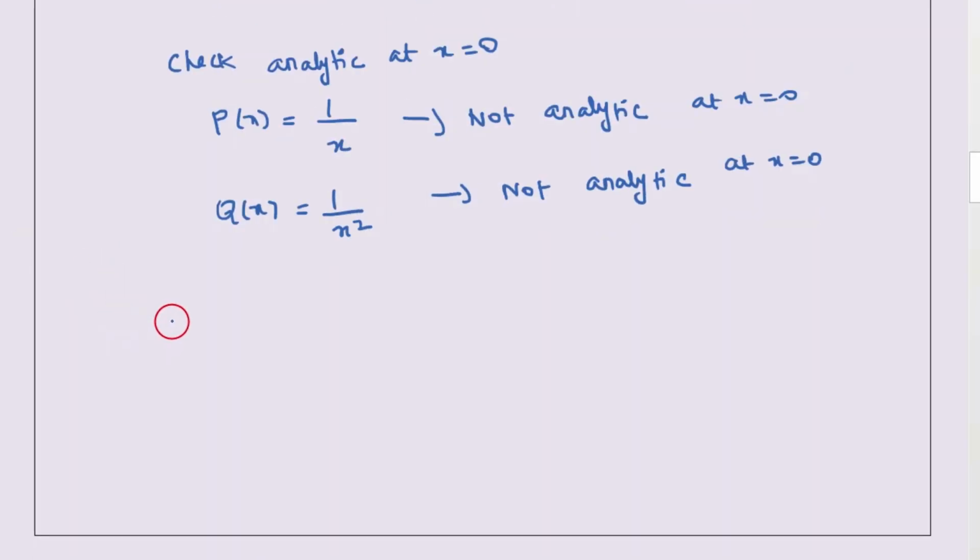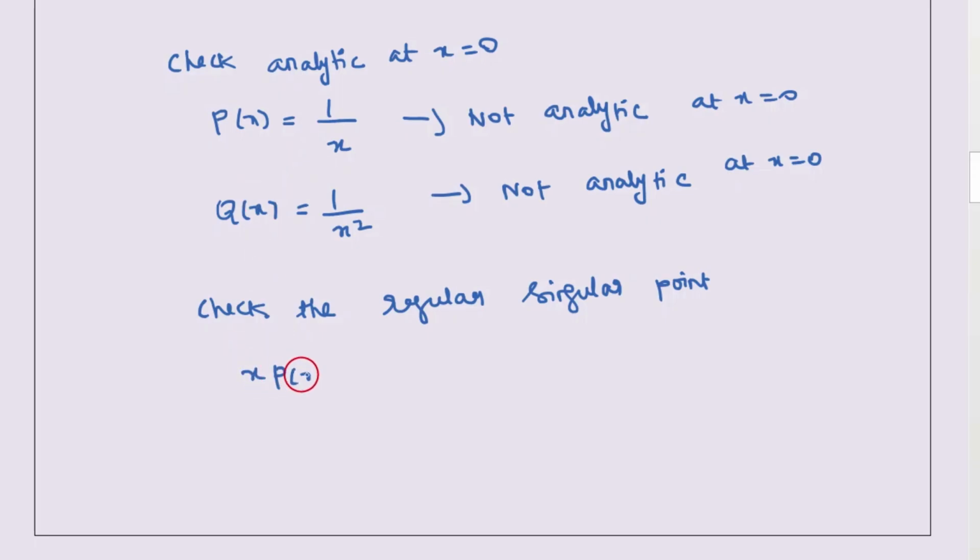So next step, we have to check regular or irregular. In the singular point there are two cases: one is a regular singular point, another one is an irregular singular point. First check regular. For a regular singular point it should be analytical, so we check: x times p of x and x square times q of x are both equal to 1, which is analytical.